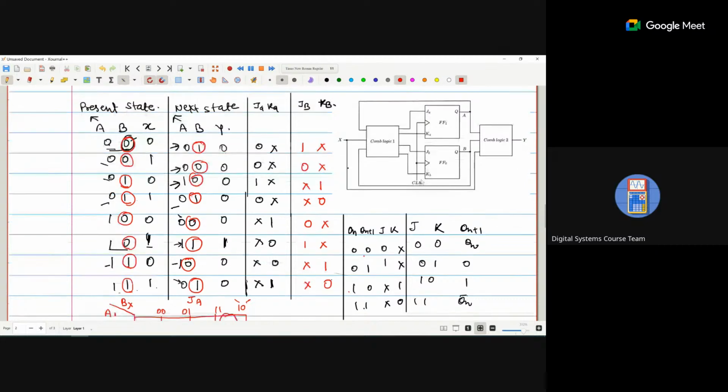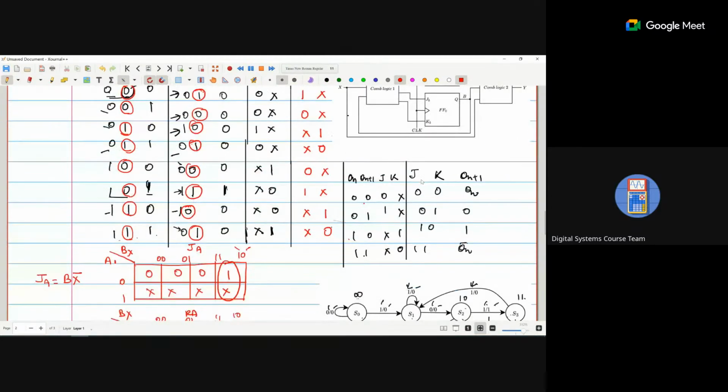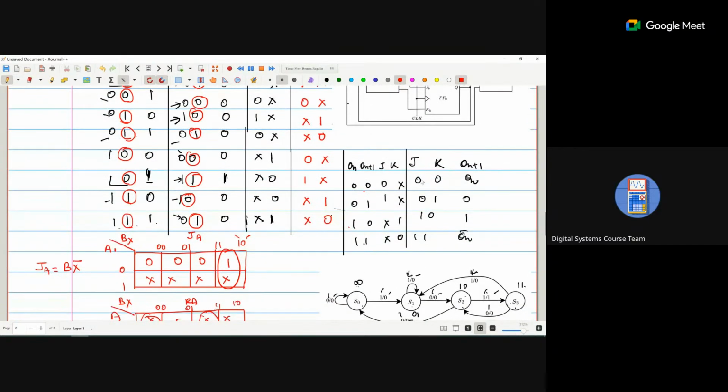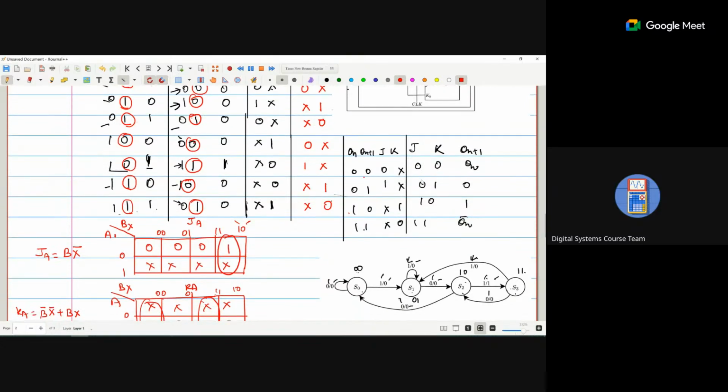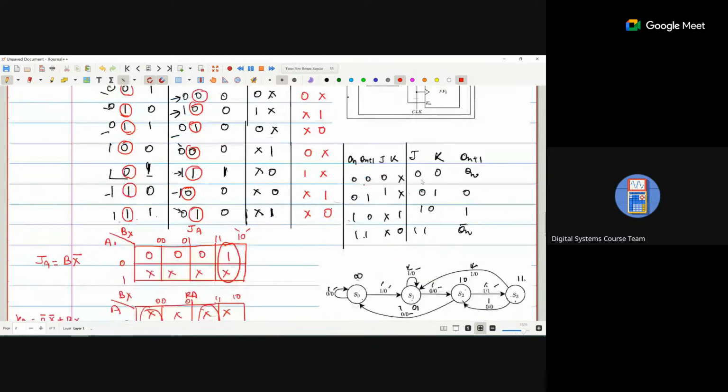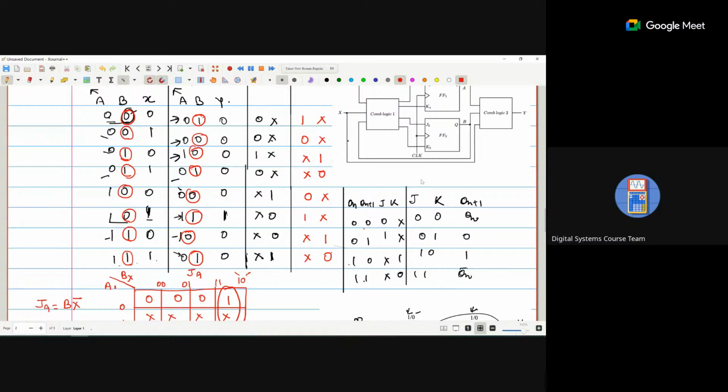Now we check with the state from 0 0. Input is 0. It maintains as 0 0. At 0 0, if input is 0, we maintain as 0 0. Here it is 0 0.